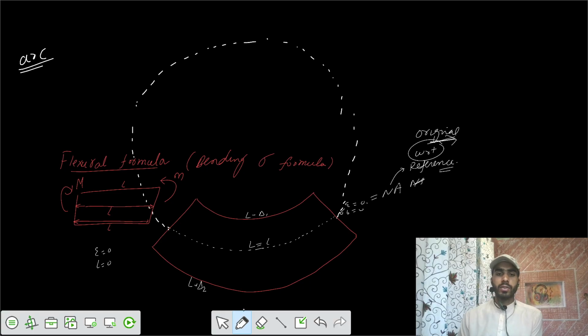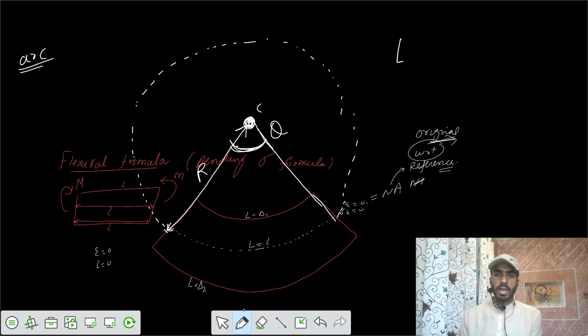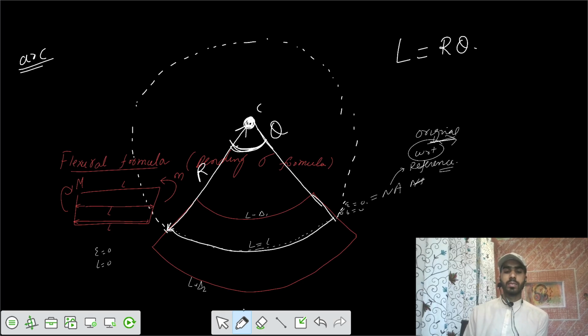Let's say this is the center, and this is our radius r, and the beam makes an angle of theta. So we can say L equals r theta. That means this length is equal to r theta.